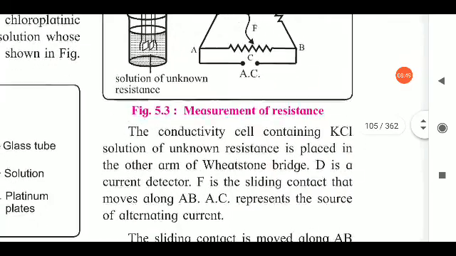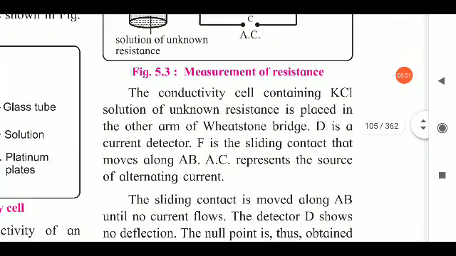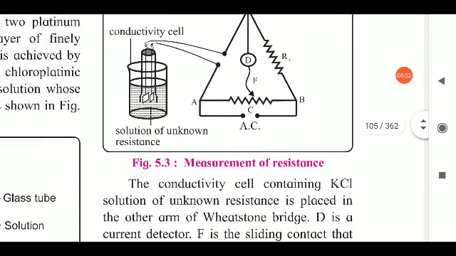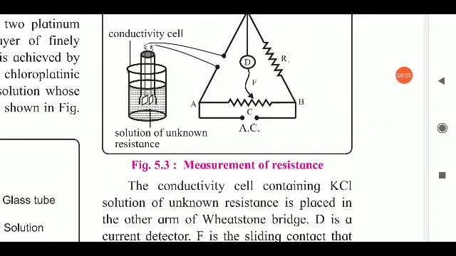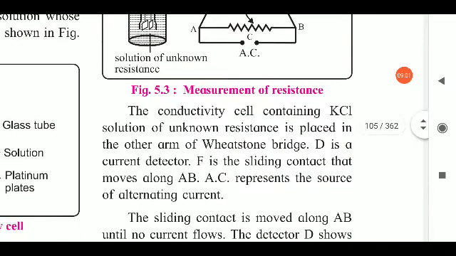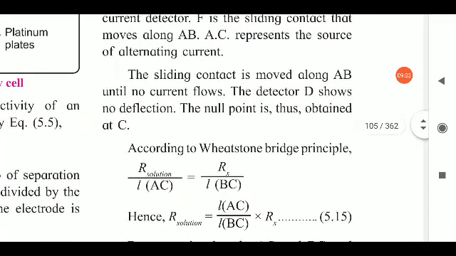We are going to move this detector. Then after balancing this network, by taking the value of the unknown resistance of that solution, we can calculate the conductivity. Now students, we move the sliding contact along AB until no current flows, the detector D shows no deflection, that is, the null point is thus obtained at C.